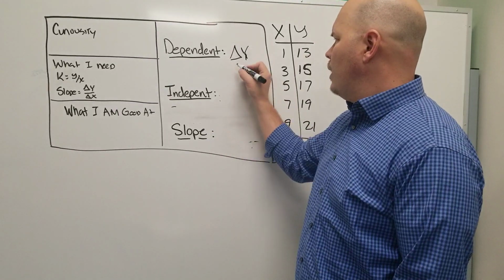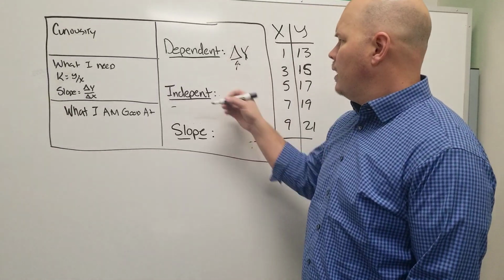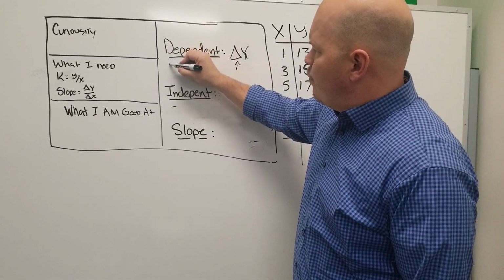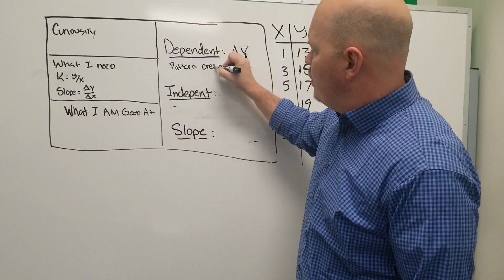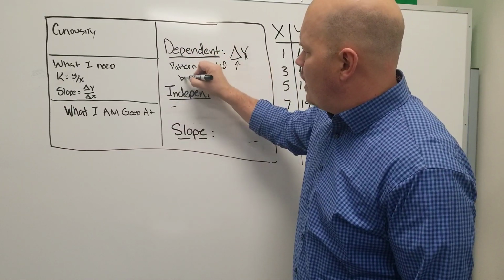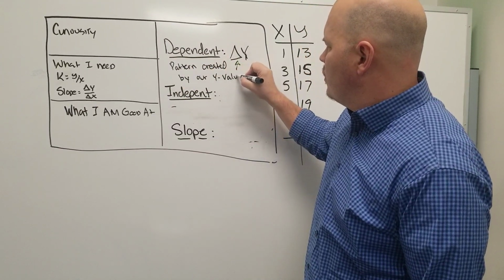In our change in Y, this little triangle here means change in. It's a delta, okay? And that is the pattern created by our Y values.